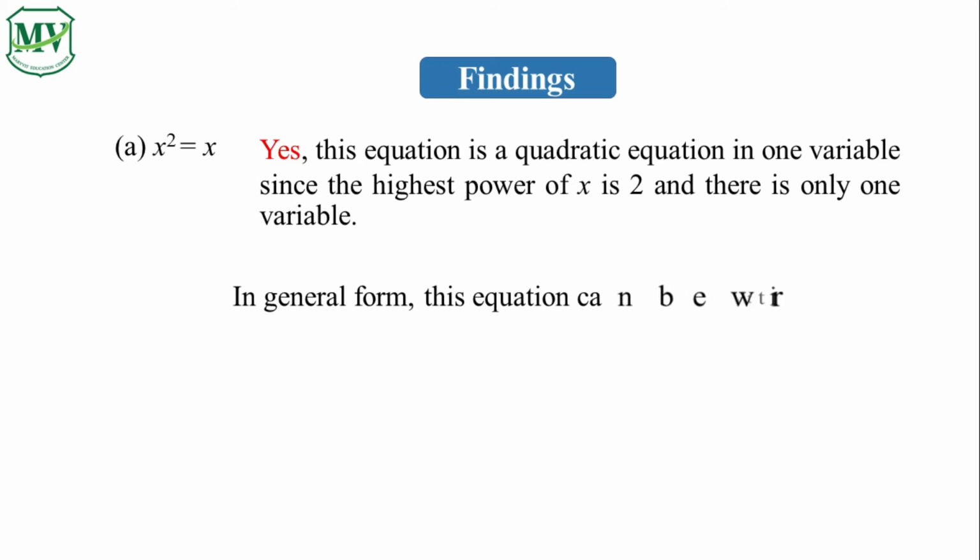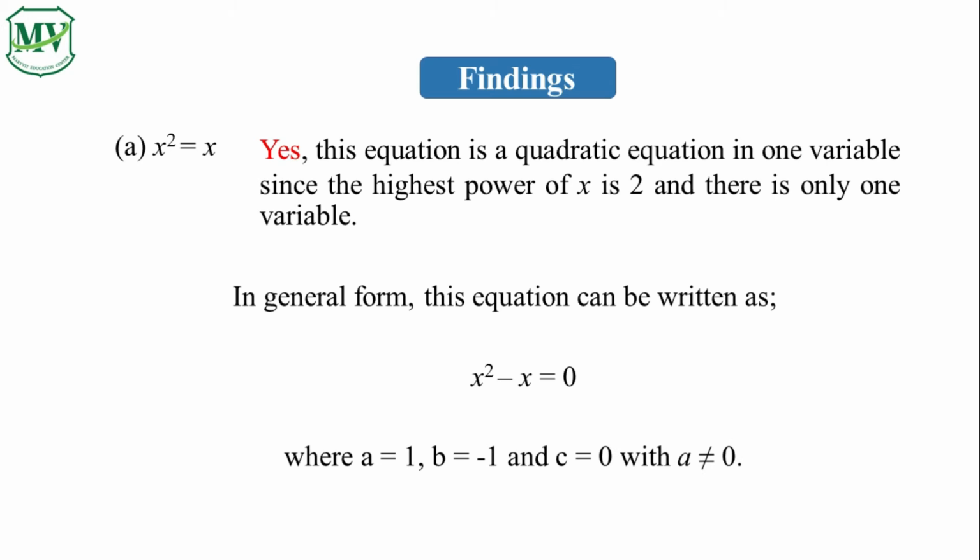In general form, this equation can be written as x squared minus x is equal to 0, where a, b, and c are constants and where a is not equal to 0.